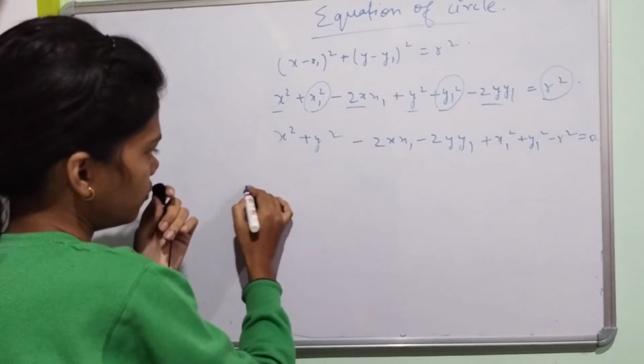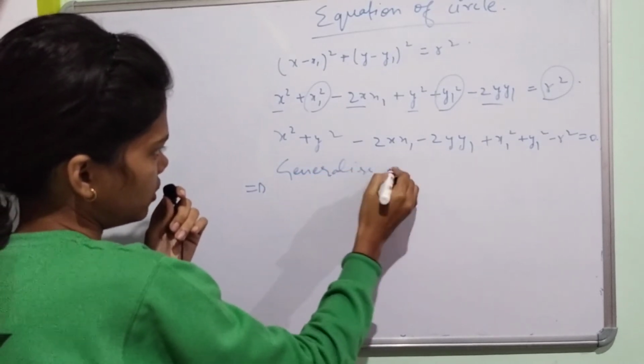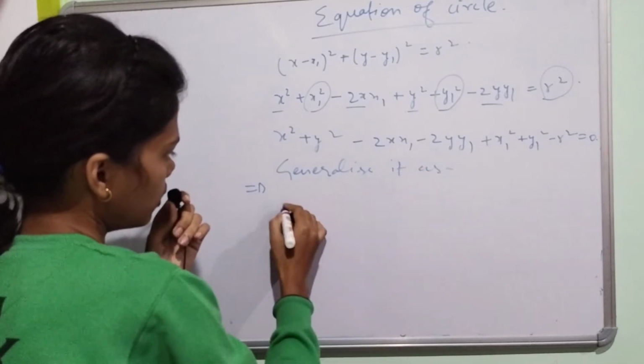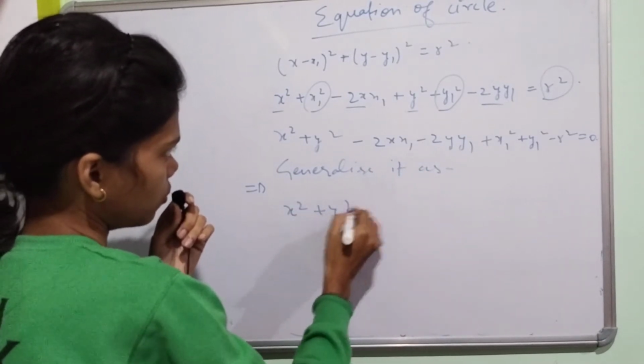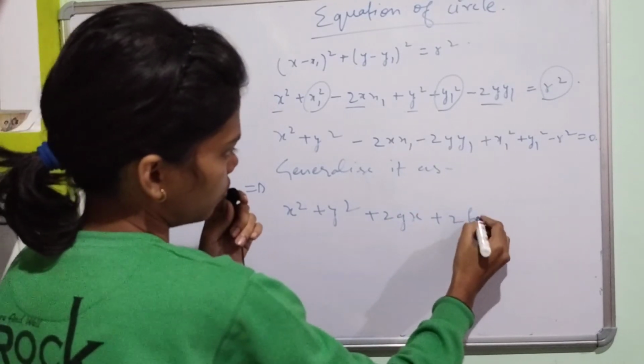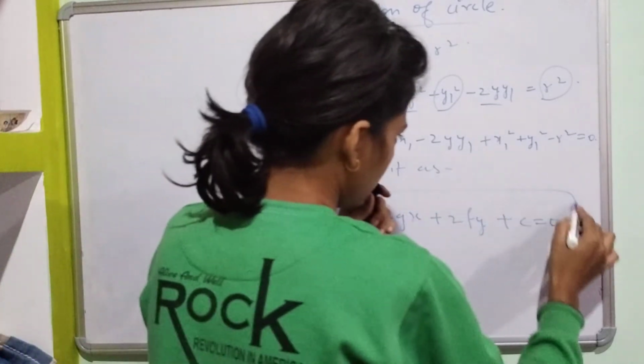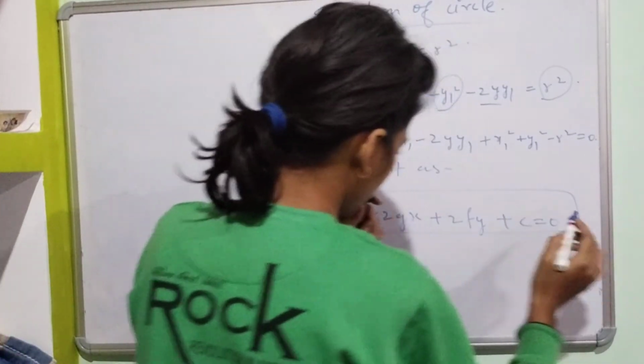From here we can generalize it as x² + y² + 2gx + 2fy + c = 0. This is the general form of a circle.